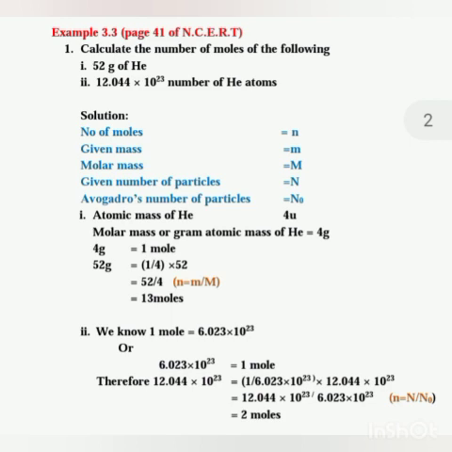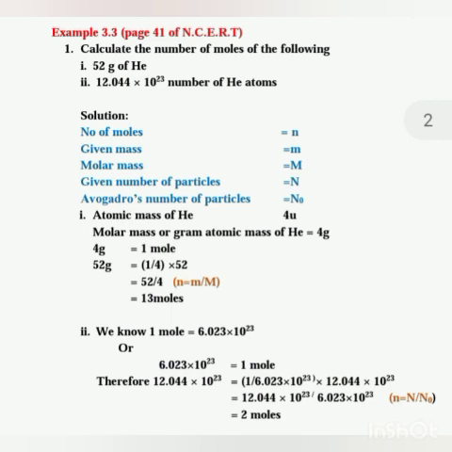Molar mass, that is gram atomic mass or gram molecular mass, is given by capital M. Given number of particles is shown by capital N, and Avogadro's number of particles, that is 6.023 × 10^23, is shown by N naught.